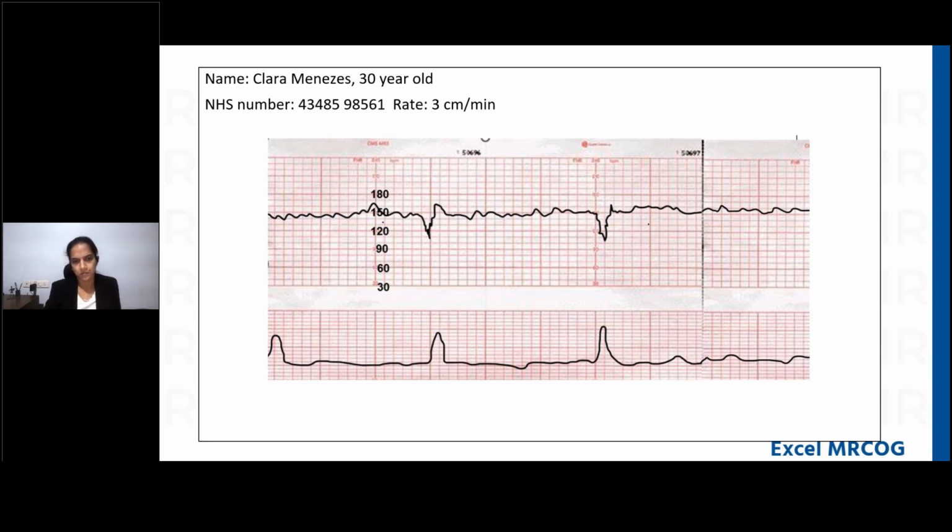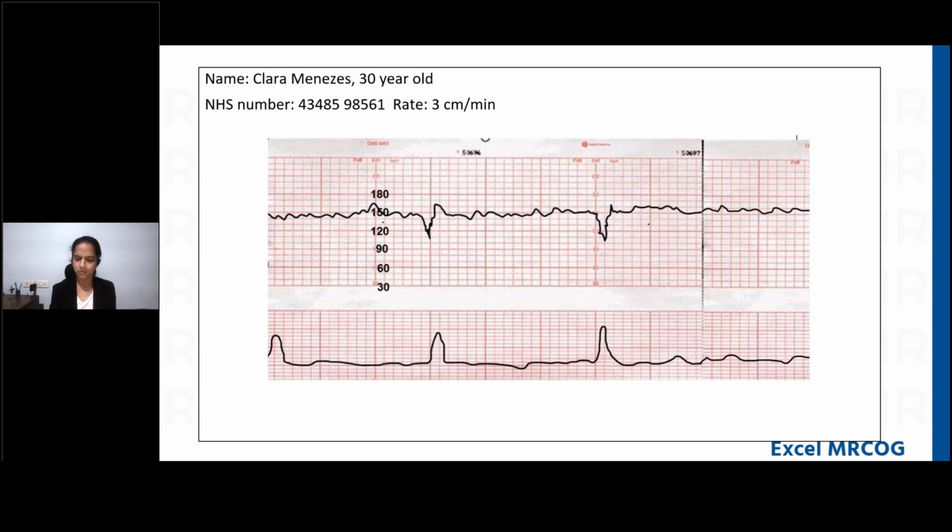Coming to this picture, when we correlate, I told you the second tracing is regarding the contractions. Early deceleration is almost like a mirror image. You can see this tracing almost corresponding to the contractions. That is known as early deceleration. And the second one also, you can see this is the contraction, and more or less it is corresponding.